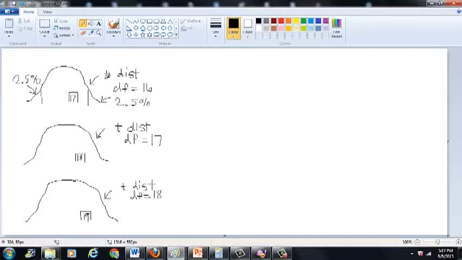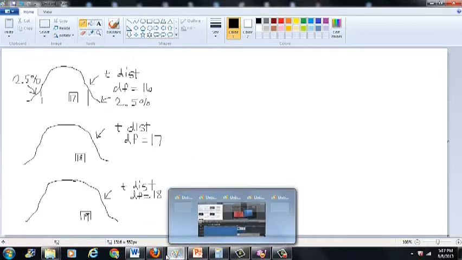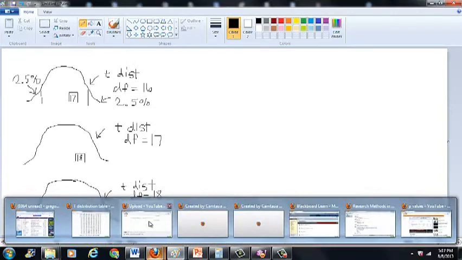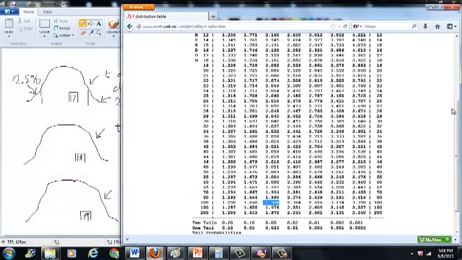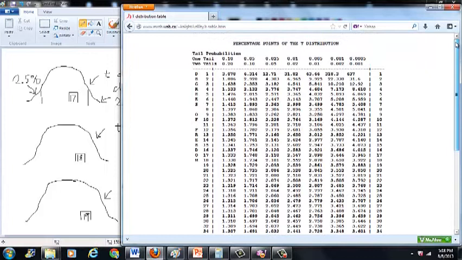Now we can find what these critical values are in this situation where we've collected data from 17 people. We go to our table. If we're doing a two-tailed test, meaning we're using the two-tailed critical values, we have to go to this row that says two tails and go to 0.05.